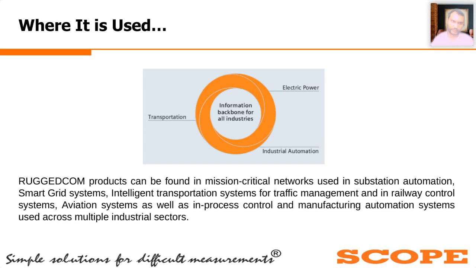It can be used in utilities like distribution, transmission, generation plants. It can be used in railways for telecommunication purposes also. It can be used in defense, aviation. So our switches cater to multiple industries.